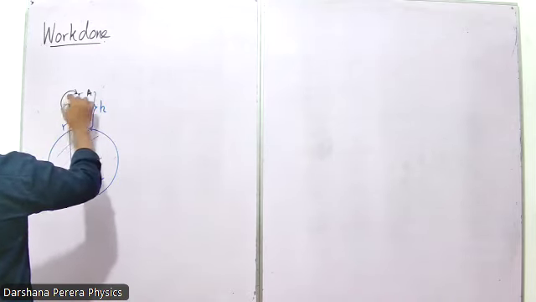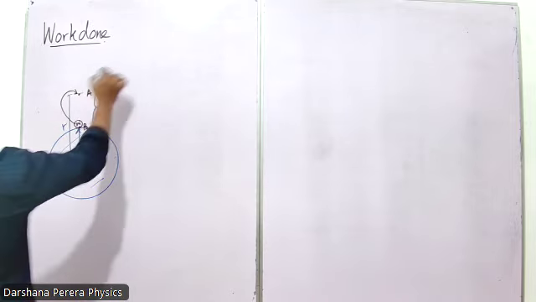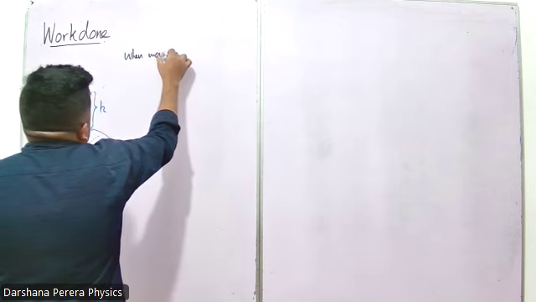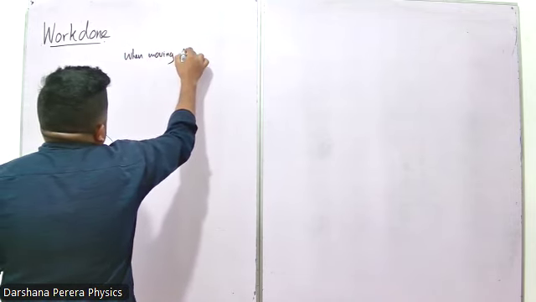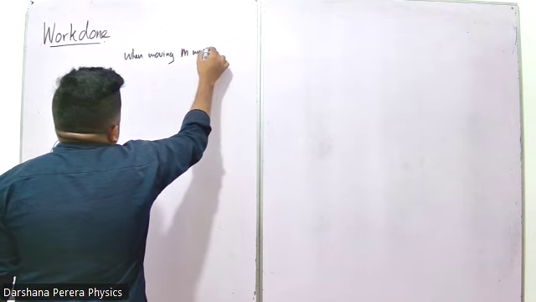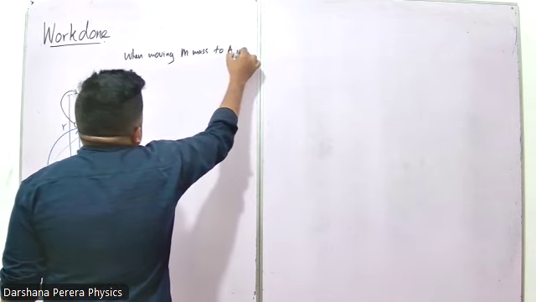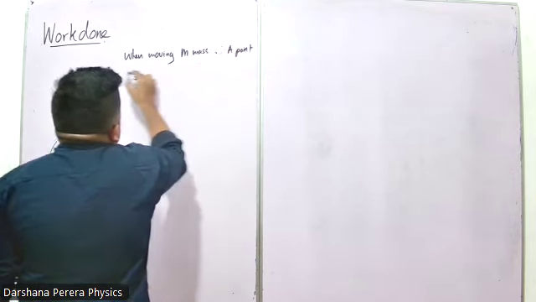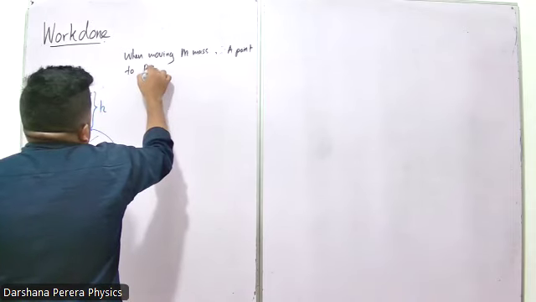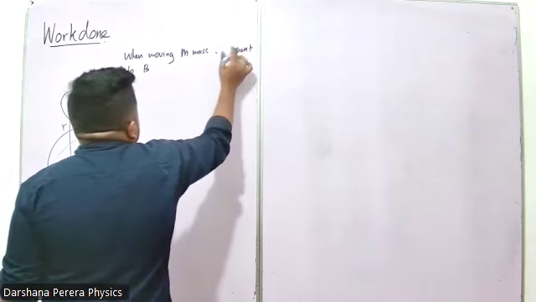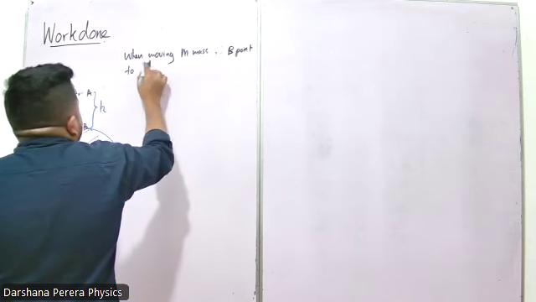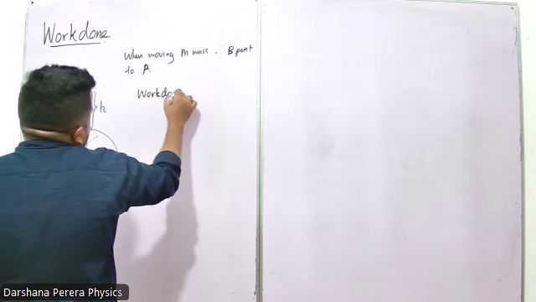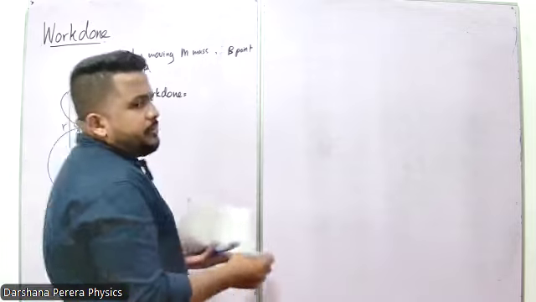I had moved mass M from B point to A point. So, work done equals what? Work done equals the change of the potential energy.